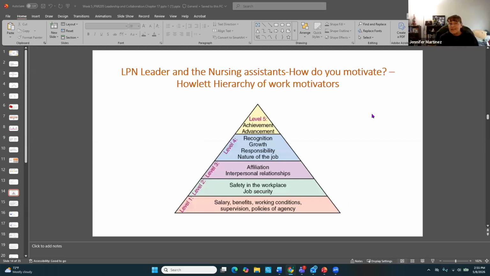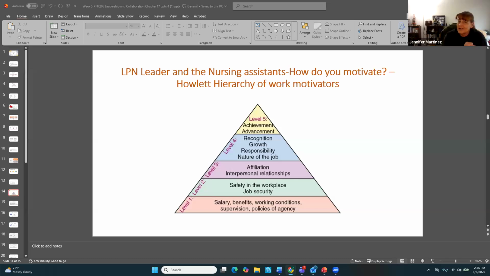So how do we apply this at work? We know how we apply Maslow's hierarchy of needs to our patients and to ourselves, but how does this fit into work motivators? Those basic needs: when you graduate, you pass your NCLEX and you're going out to work, right? What are those things that we're looking for?